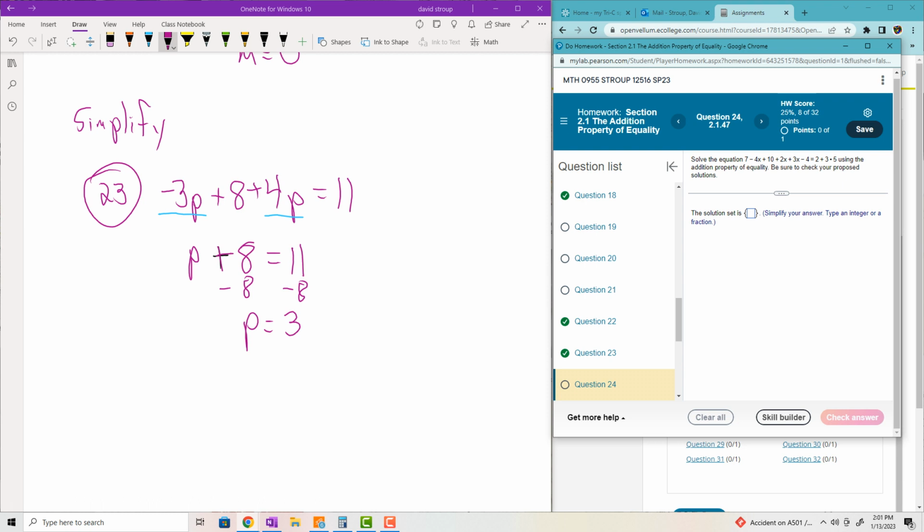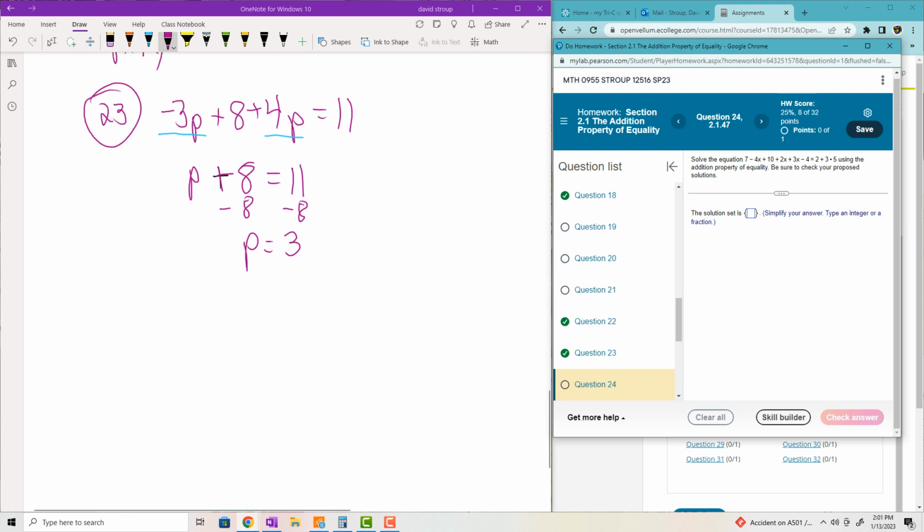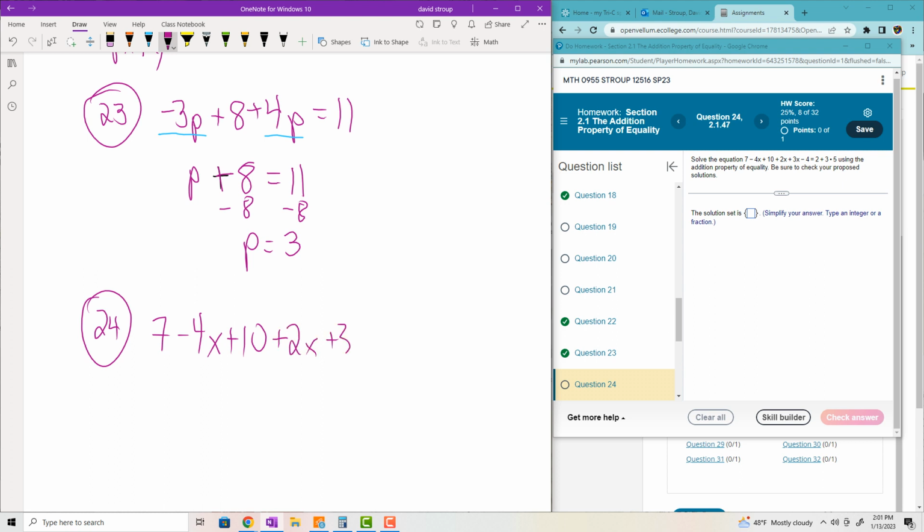Here's another hard one. So number 24. Again, you want to simplify both sides of the equation before you get carried away. So 7 minus 4x plus 10 plus 2x plus 3x minus 4 equals 2 plus 3 times 5. Okay, so I go through and I just find my like terms.